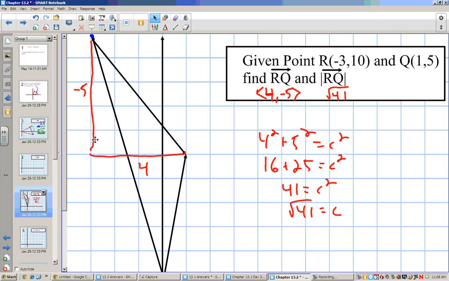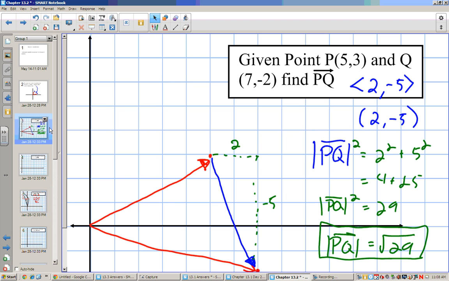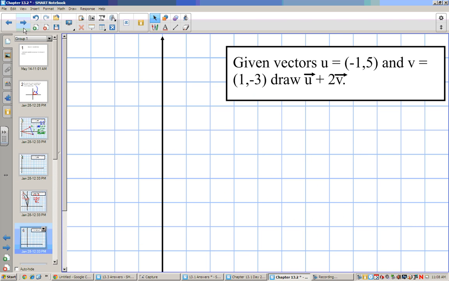And in the same way in this direction, if I take 5 minus 10, I get negative 5. So I can get this vector by subtracting my x's and subtracting my y's. Hopefully we can see that here: 7 minus 5 is 2, and negative 2 minus 3 is negative 5. So that can provide a shortcut so we don't have to draw it each time.